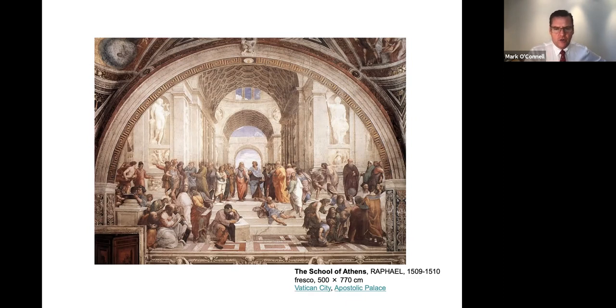Michelangelo is shown down front, the guy leaning his hand on his arm, and he kind of keeps to himself. Raphael, I believe, put himself in here. Basically, he painted his contemporaries in Rome during the Renaissance as the leading philosophers and thinkers of ancient Greece, okay?